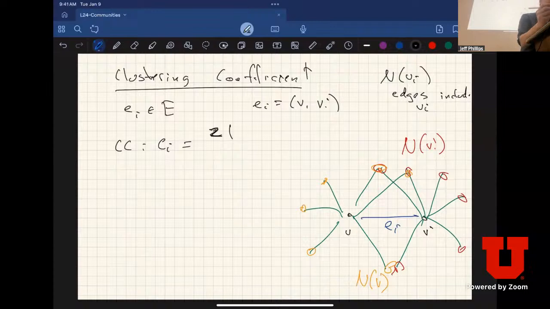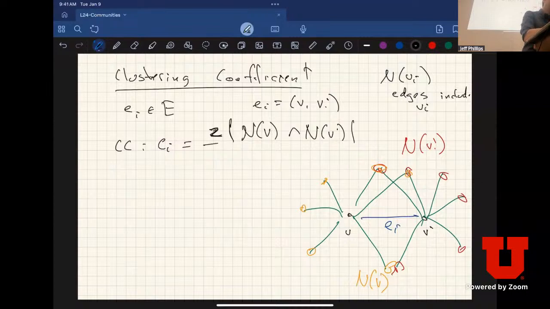This is going to be the number of shared neighbors, which I can write as the intersection: the neighborhood of v intersect the neighborhood of v prime.